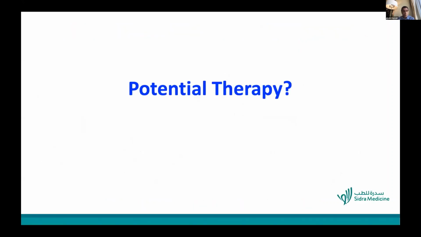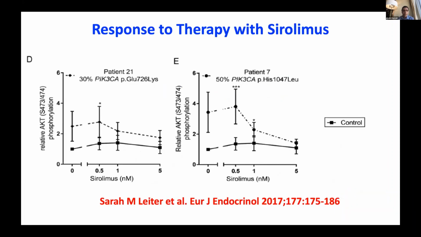The most important thing I showed you this is because there's now potential therapy, because remember that these patients with mutations in the genes downstream of the insulin receptor will not respond to diazoxide, will not respond to any of the medications I showed you, but we were able to show that these patients may respond to a drug called Sirolimus. Some of you will know that these are mTOR inhibitors, for example, Tacrolimus, some of you may have heard of.